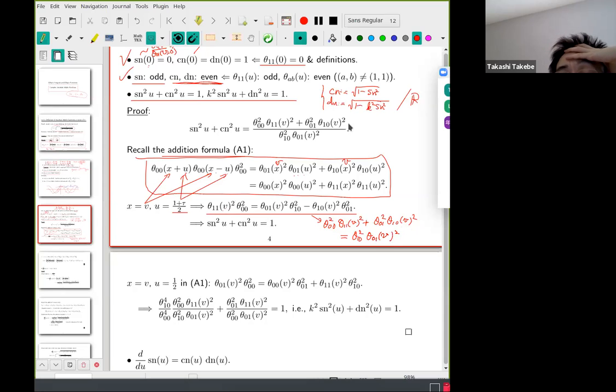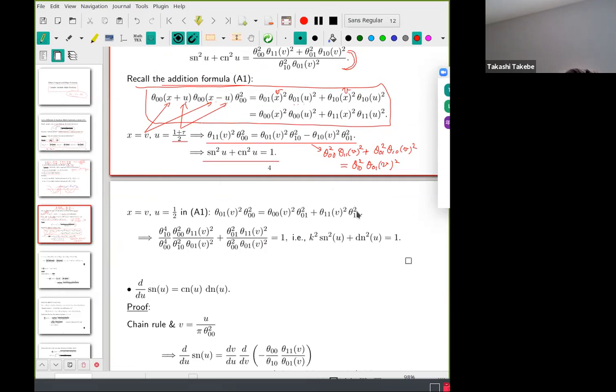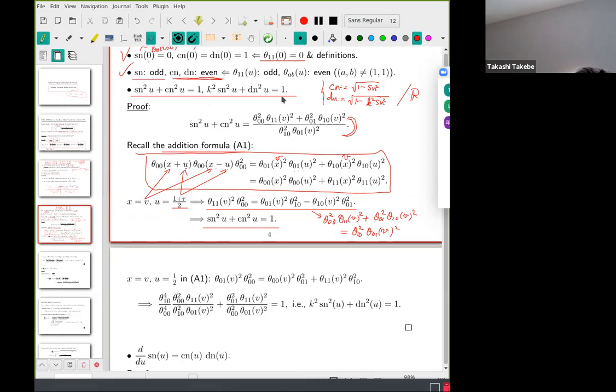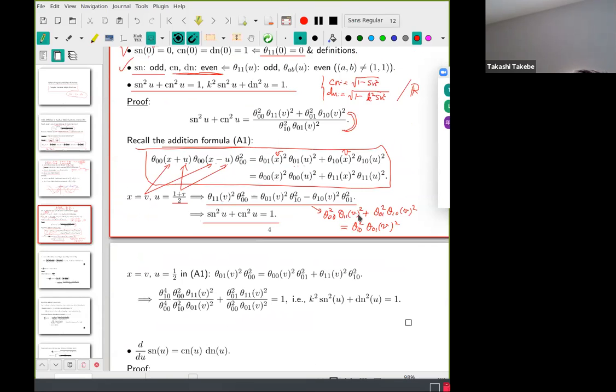Namely, the numerator is equal to the denominator, which means that Sn squared plus Cn squared is 1. The second one, which defines Dn over, can be proved by a similar formula.